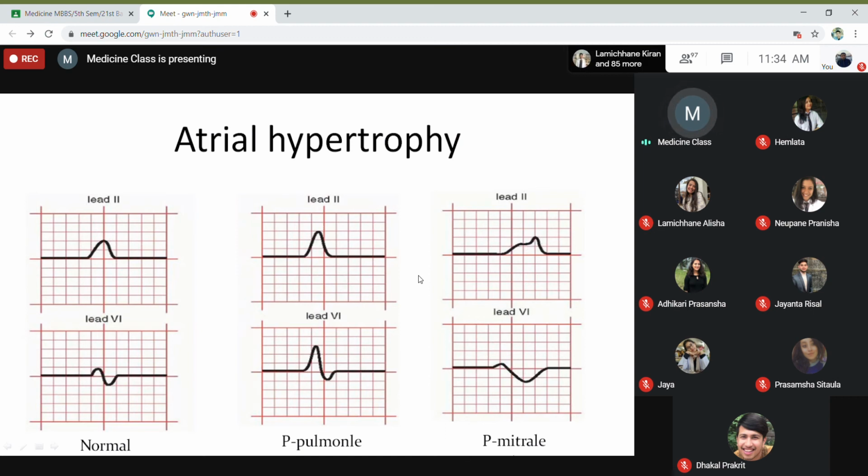We call that P mitrale, and this is found in left atrial enlargement. In right atrial enlargement, you'll have a tall P wave, taller than this. We call that P pulmonale, and that is found in right atrial hypertrophy. So in right atrial hypertrophy you'll have P pulmonale, and in left atrial hypertrophy, you'll have P mitrale.